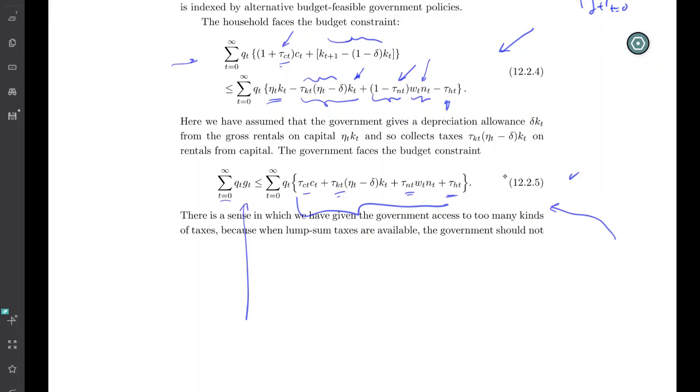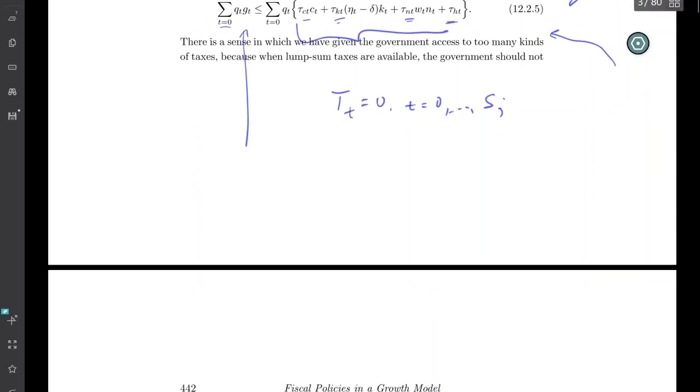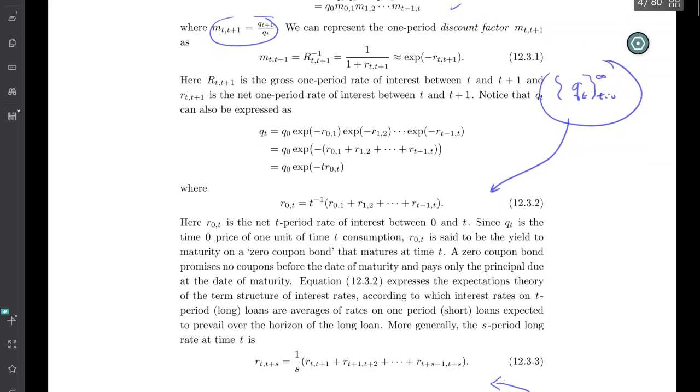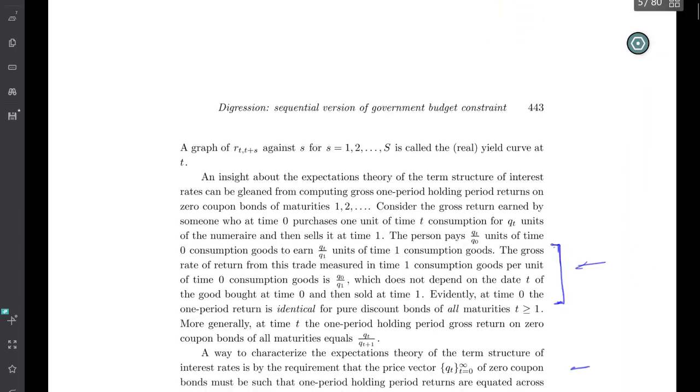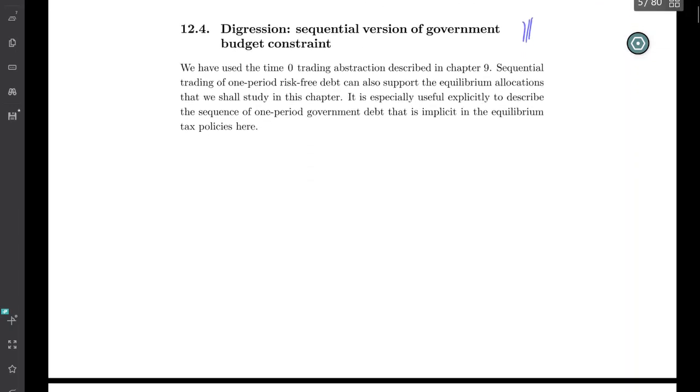You could set tau t equal to 0 for t equals 0 through some big number cap S, and then after that do all your taxing. And if you do that, what you would be doing in this other notation is financing today's government expenditures by issuing debt, and it would be piling up.